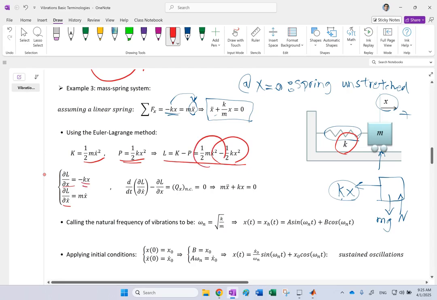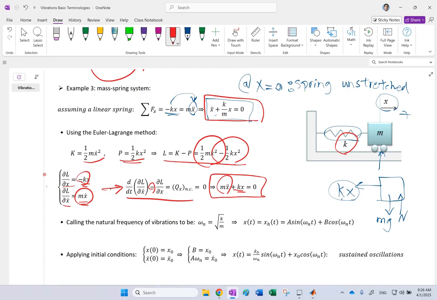Partial of that with respect to x dot is m x dot. Plug it into the Euler-Lagrange equation. This is going to be m x double dot minus negative kx, so you get positive kx, and this is your governing ODE, which is the exact same thing as this if you just divide both sides by m. So it doesn't matter which method you use. You can also use the work energy method, which is very similar to Lagrange, and the governing ODE is the same.